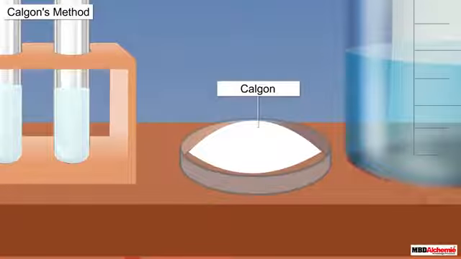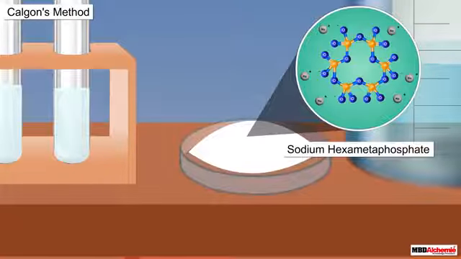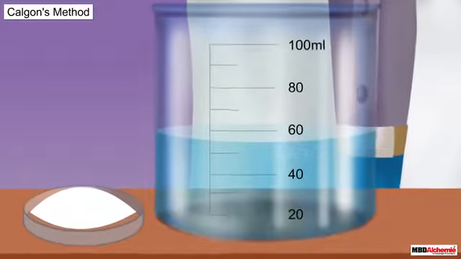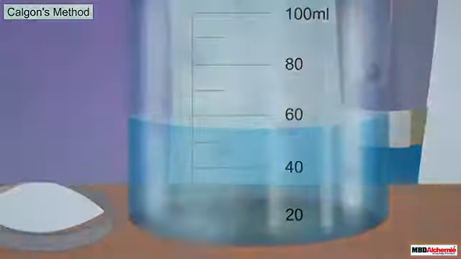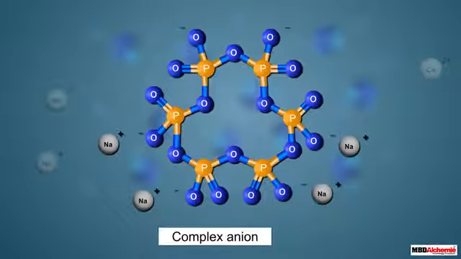Calgon's method uses Calgon, which is the commercial name for sodium hexametaphosphate, to remove permanent hardness of water. When Calgon is added to water, each of its molecules ionizes to give 2 sodium ions and 1 complex anion.